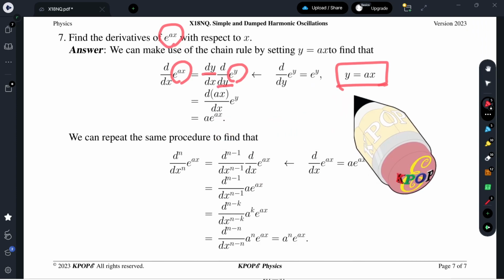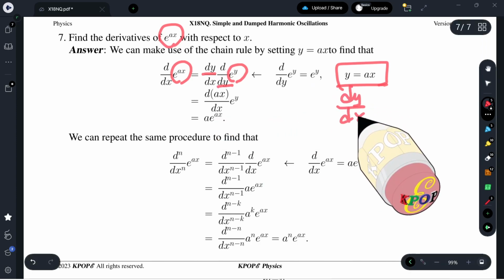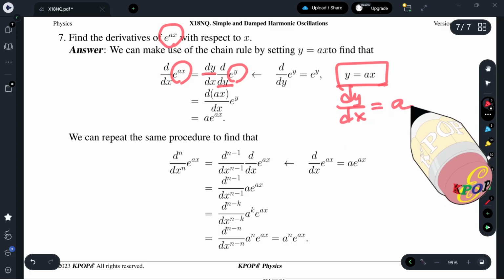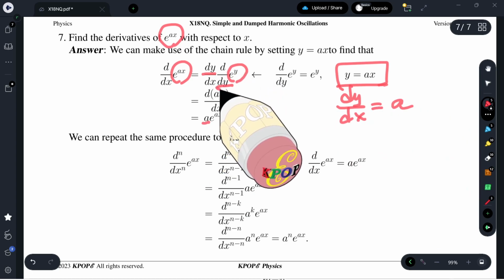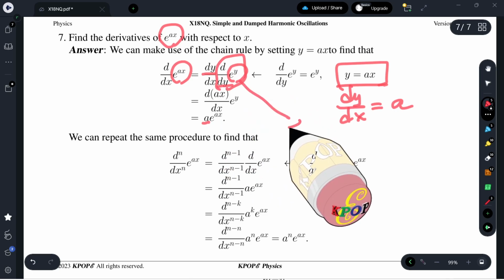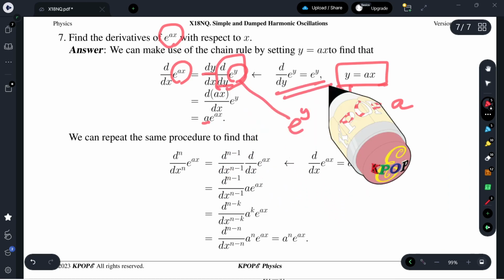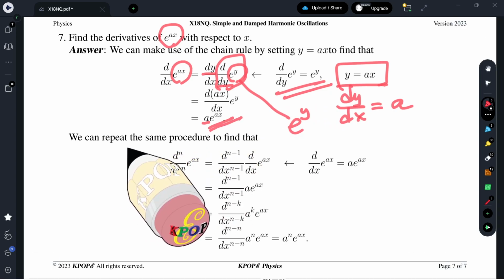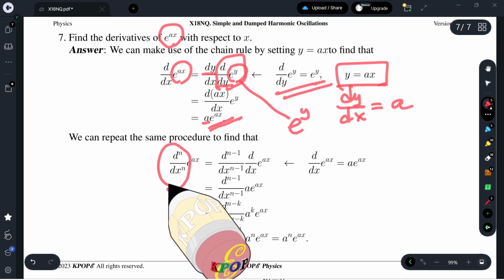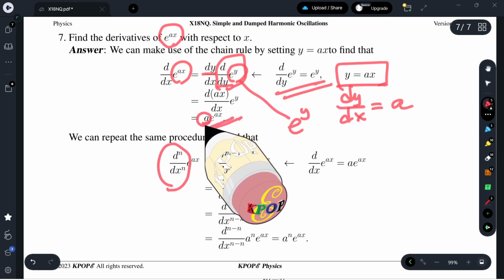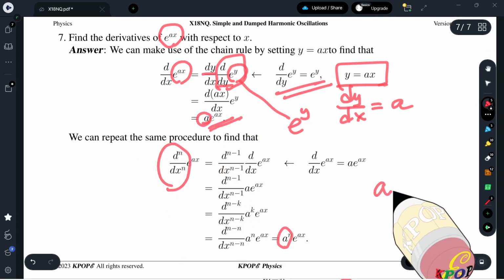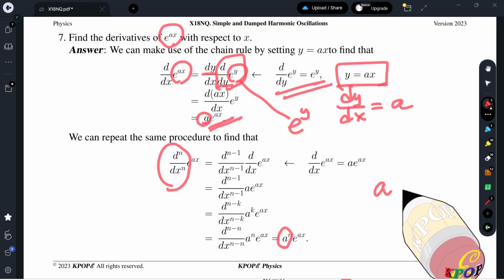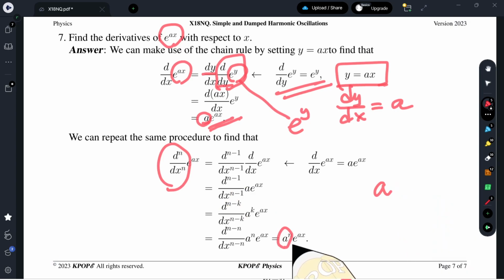Now, we obtain dy over dx is a. And then this is identical to e to the y because of this. So we obtain this. If we repeat the derivative n times, the result is we have a factor of a n times. So the final answer is a to the n exponential a x. That's it. Thank you.